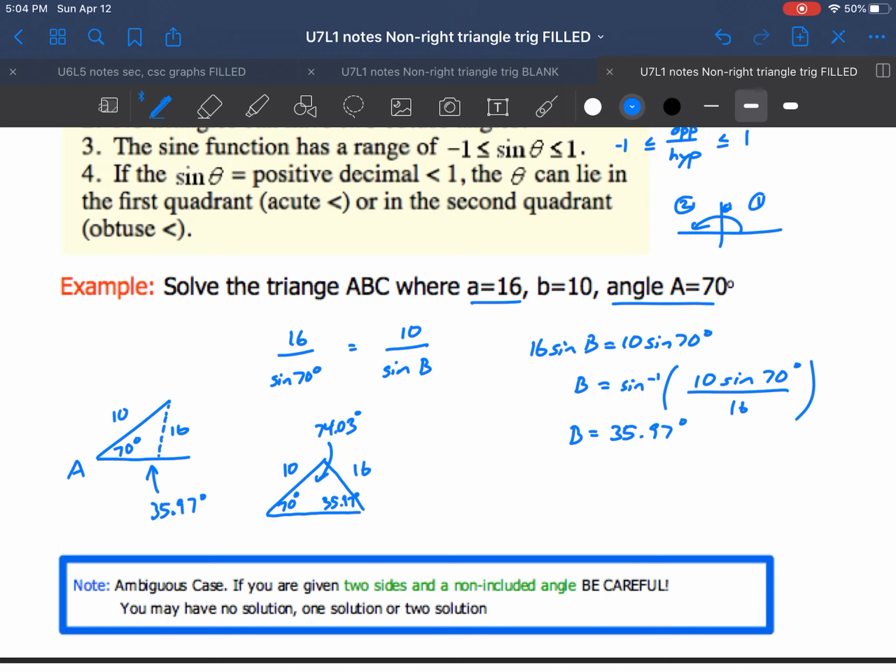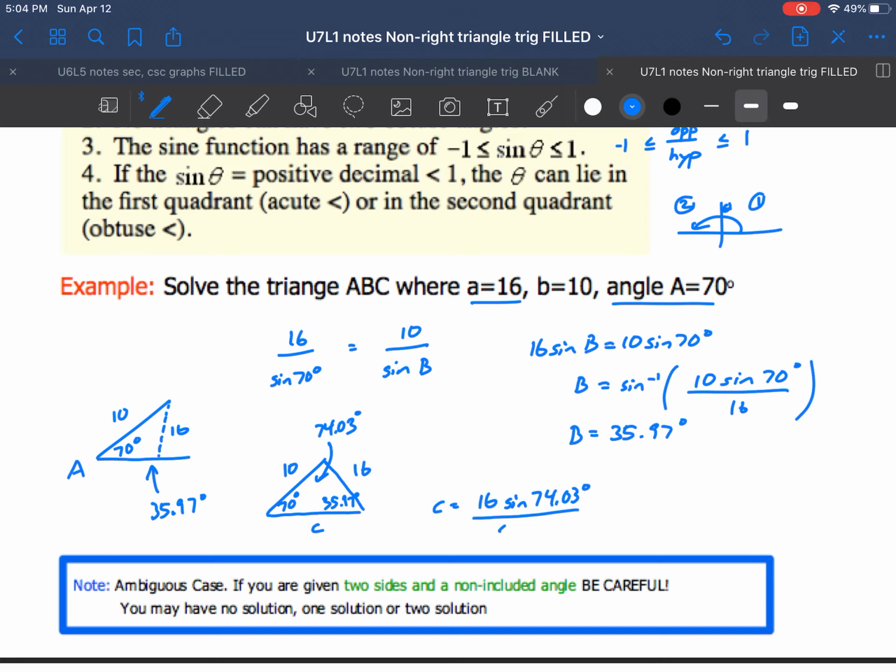And we could use the sine law again to solve. So this would be side C. That means that C is equal to 10 sine 74.03 degrees over... let's make that 16. You guys can see what happens if I try to do too much in my head.